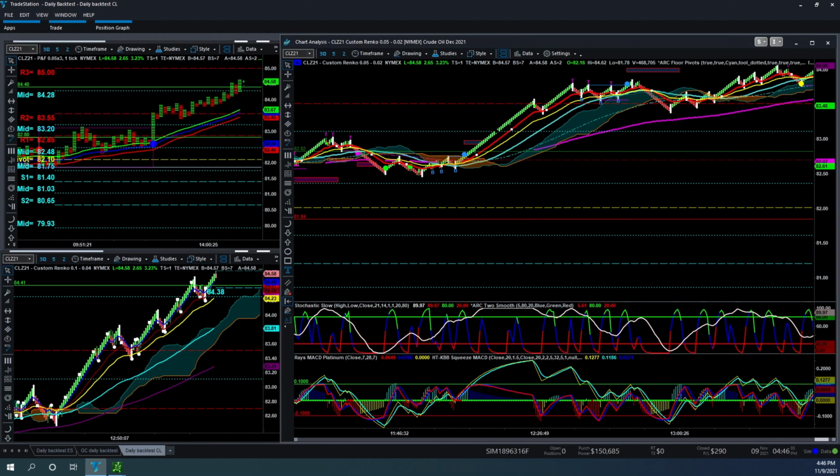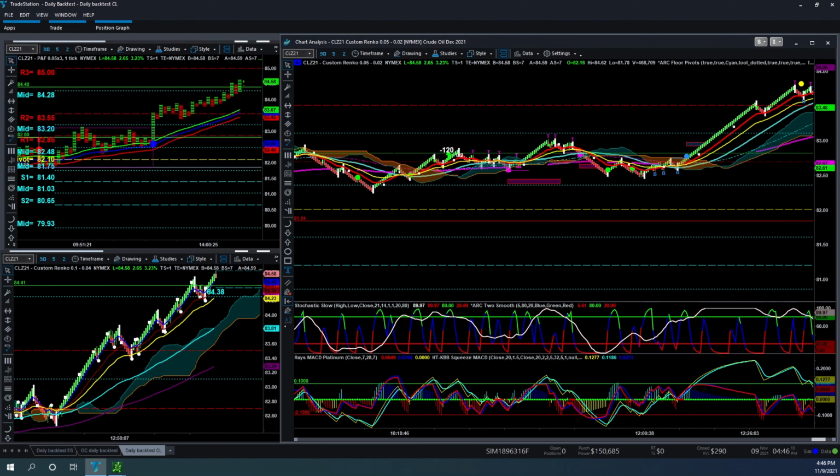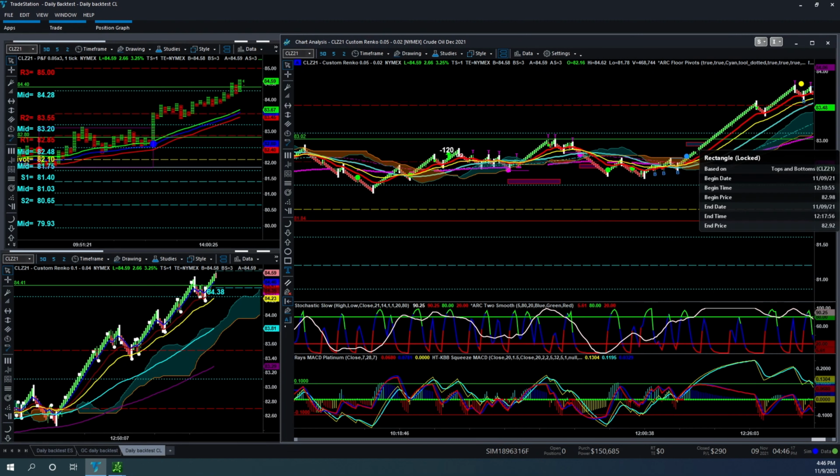Really took off right here. So there was a good entry right there at the break of this channel. So let's see if we can put that one there. When it broke there, that one is a good entry.